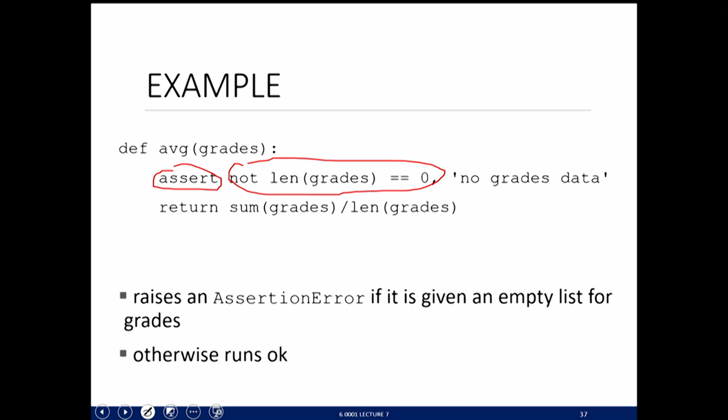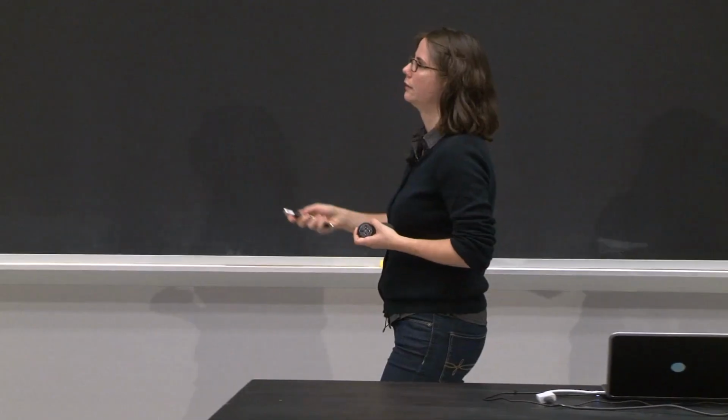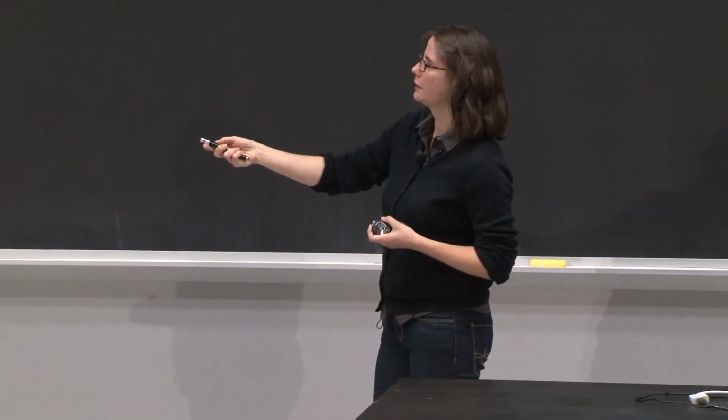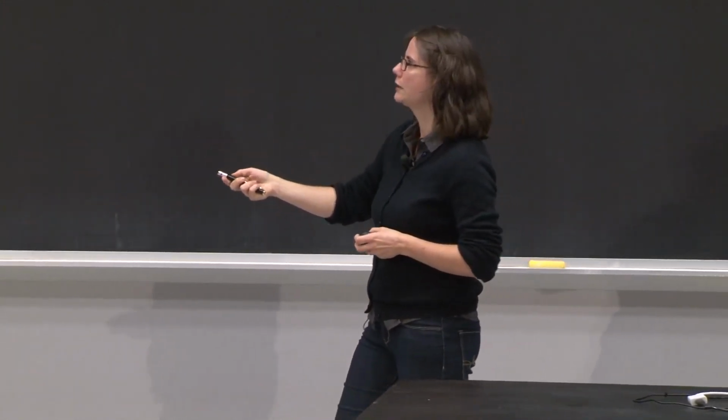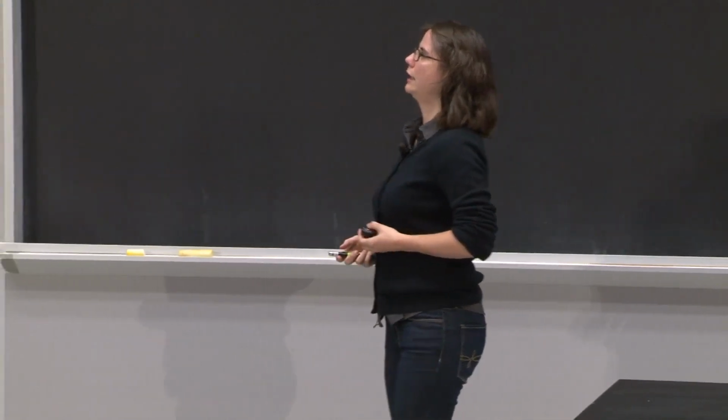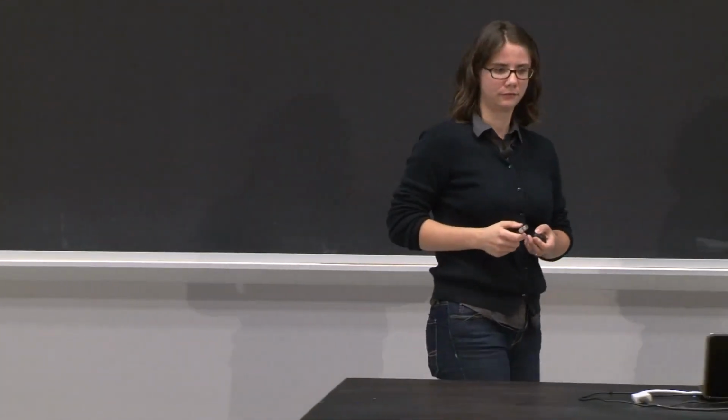So we expect that the length of grades is not equal to 0, so it has to be greater than 0. And then we have a string here which represents what do you print out if the assertion does not hold. So if you run the function and you give it a list that is empty, this becomes false. So the assert is false. And we're going to print out an assertion error, no grades data.